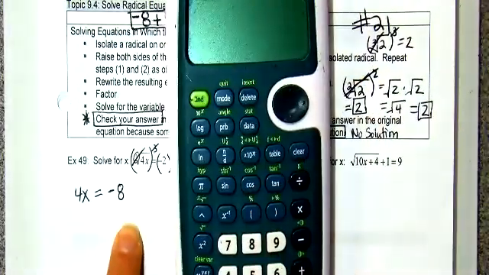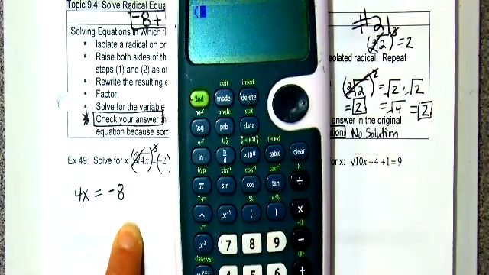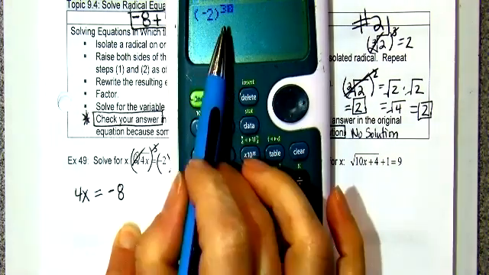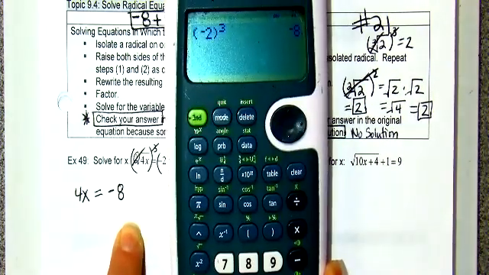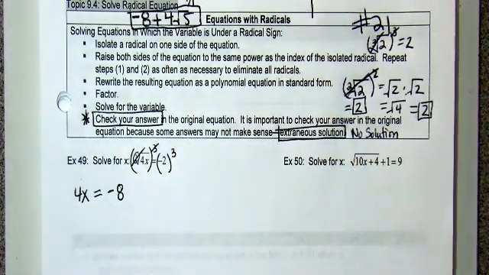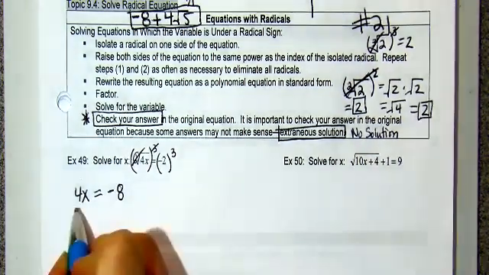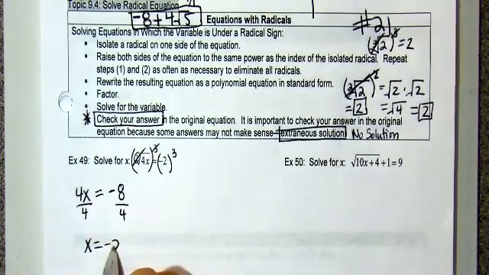Remember, you could plug that into your calculator. Just out of good habit, I would always keep my number in parentheses, because there are some weird things that happen with even indexes and signs when you raise it to a power. It's good to know when you're taking the negative with the multiplication and when you're not. And then we would divide by 4. So x equals -2.